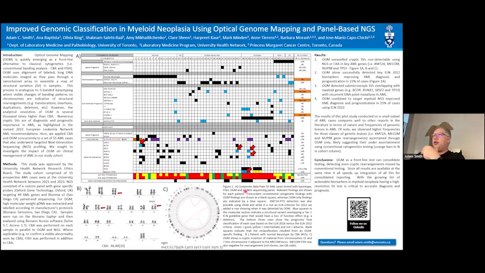So again, when we put all of this information together, it gives us a lot finer detail that's important for classification. And of course, as I said, there's a 22% change in diagnosis or prognosis as a result of a previously undetected SV that was detected with OGM.